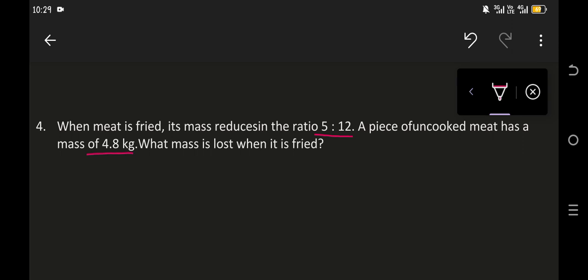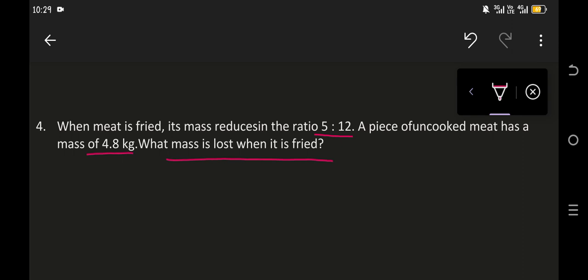What mass is lost when it is fried? So here we are not just looking for the final mass. We want to see what the final mass is, and then we'll get the difference between the initial mass and the final mass to see the total mass that has been lost when it is fried.